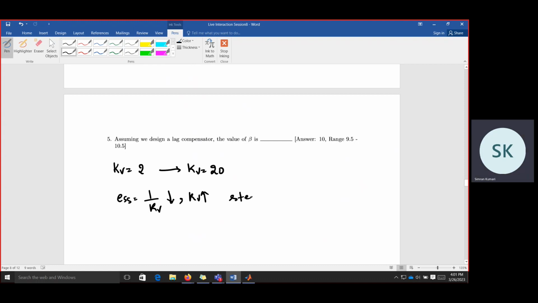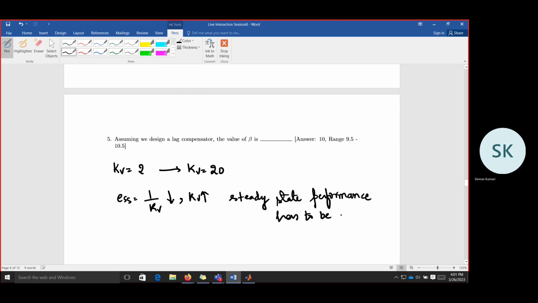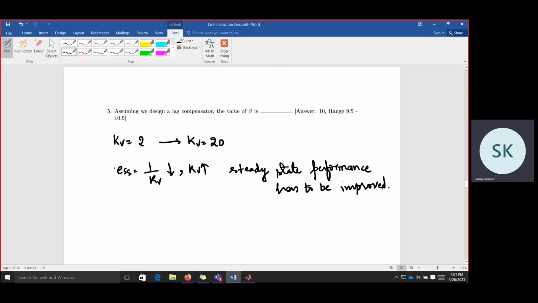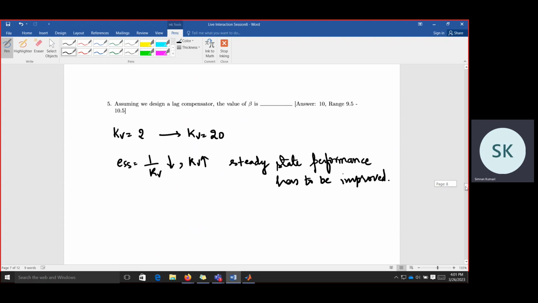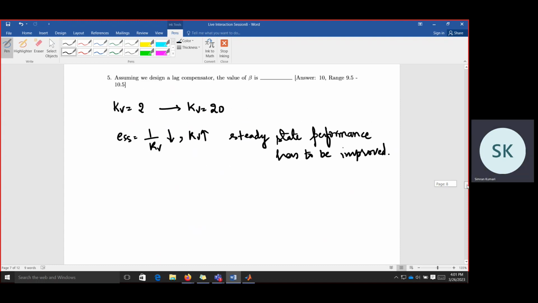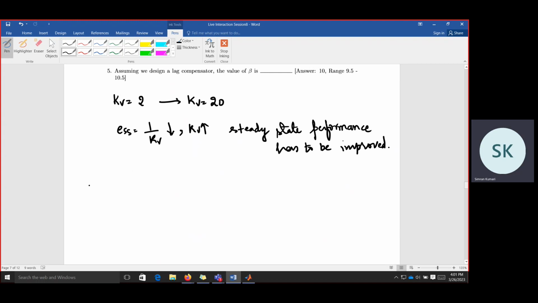Basically, the steady state performance has to be improved. Okay, so this much we know. Now for improving this steady state performance, we know that we have to use this lag compensator so that transient response is not affected and we can achieve minimum steady state error.